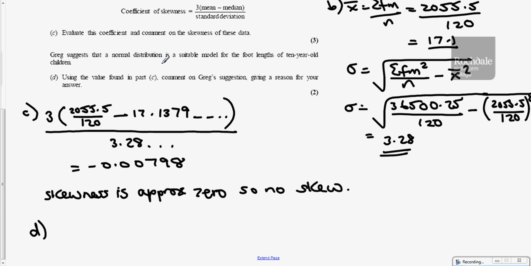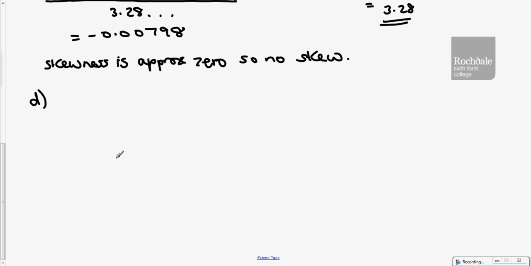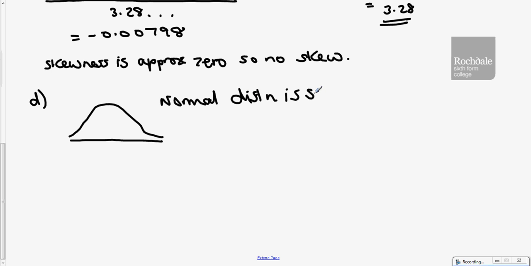Greg now suggests that a normal distribution is a suitable model for the foot lengths of 10-year-old children. Use the value in part C to comment on Greg's suggestion, giving a reason for your answer. Well, you may not have come across the normal distribution yet, but the normal distribution is a symmetrical, sometimes called bell-shaped curve. The important thing about this is that the normal distribution is symmetrical, so no skew.